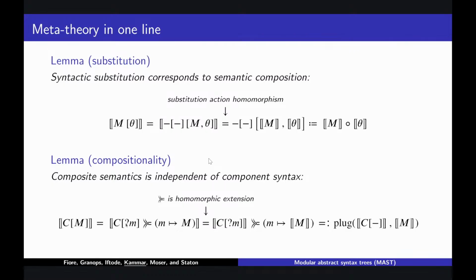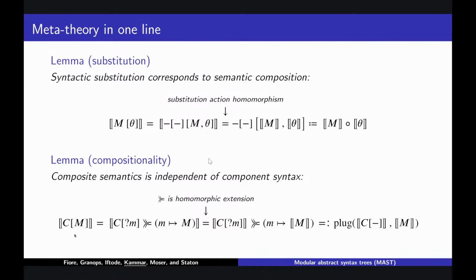So let's look at C with the meta-variable for M in it, and meta-variable substitute M for it. The Kleisli extension is homomorphic, therefore this gets preserved, and if we define the plugging operation on the semantics just as the Kleisli extension of the free O action, we get this equation.